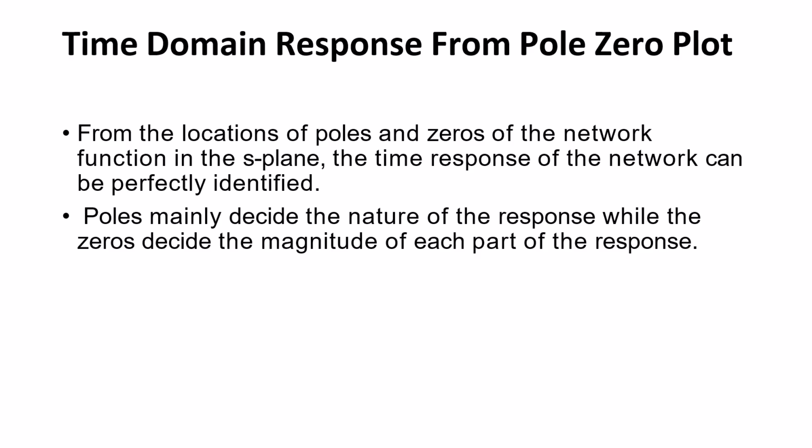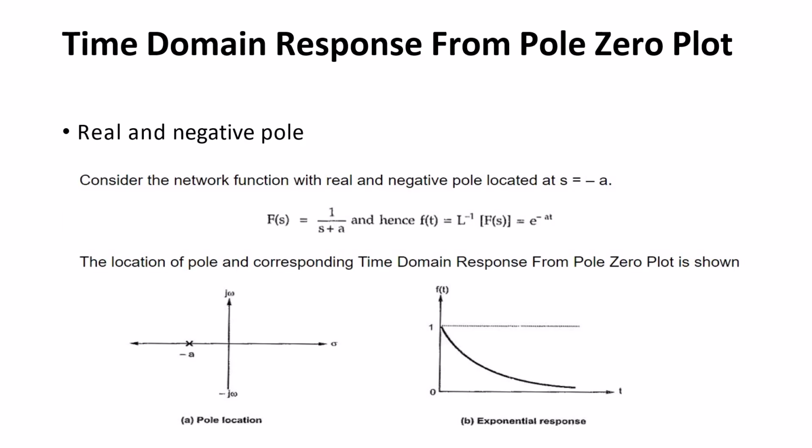From the location of poles and zeros of the network function in the S-plane, the time response of the network can be perfectly identified. Poles mainly decide the nature of the response, while the zeros decide the magnitude of each part of the response.